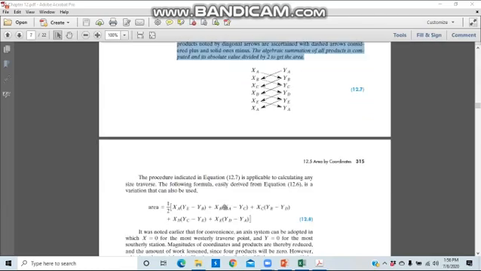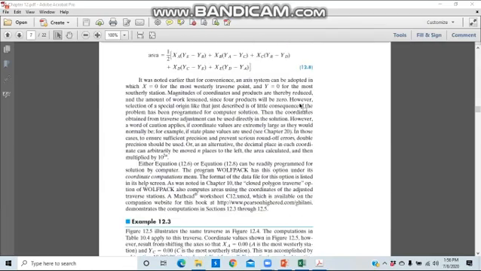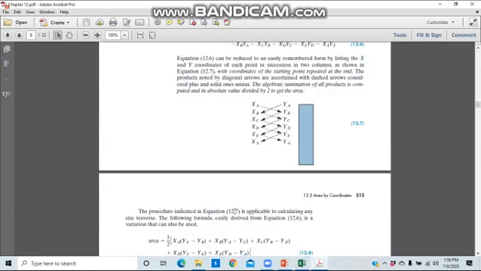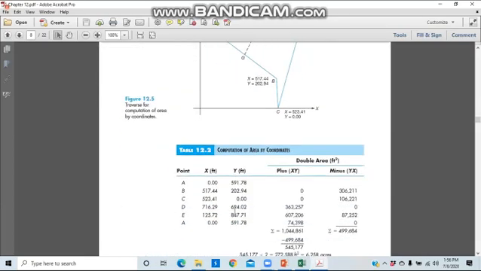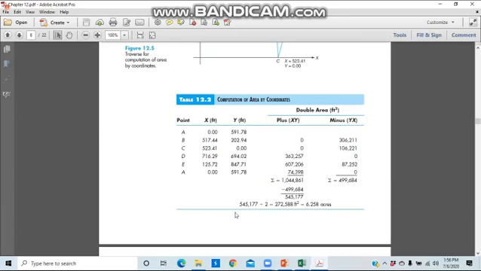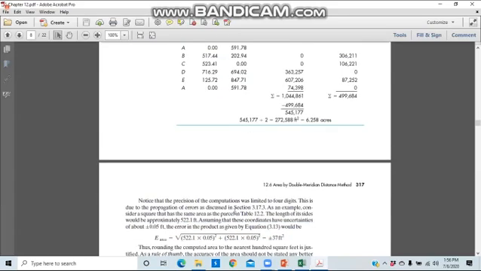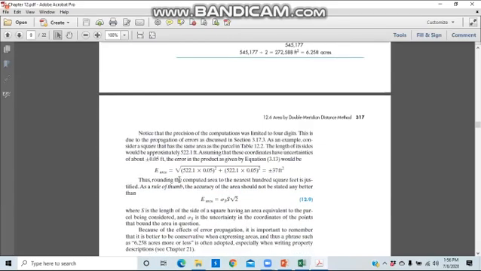So this is pretty simple. Either use this equation or use this method and you will get the area of any size of traverse if you follow these rules and if the coordinates are given to you, or you can determine the coordinates in the field, right? Here is the error in that area. So you have studied in the third chapter, I think, how to calculate the error in the area calculation.